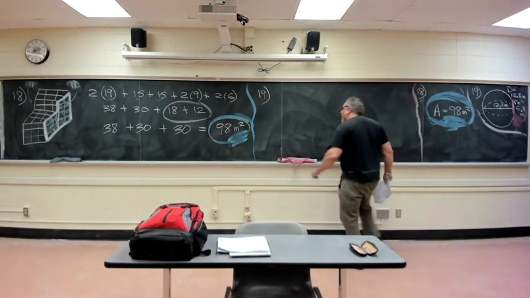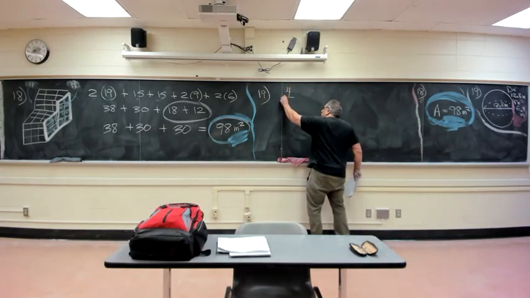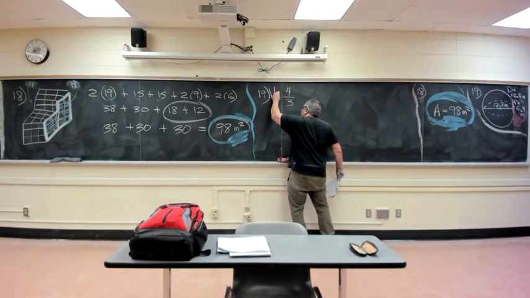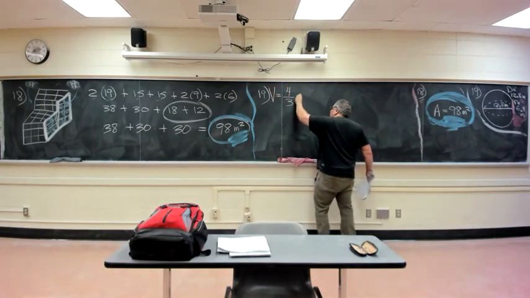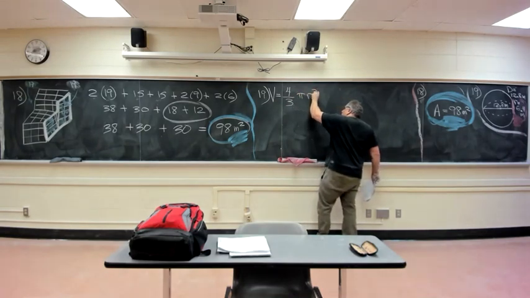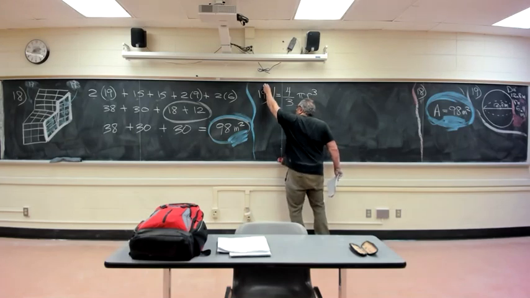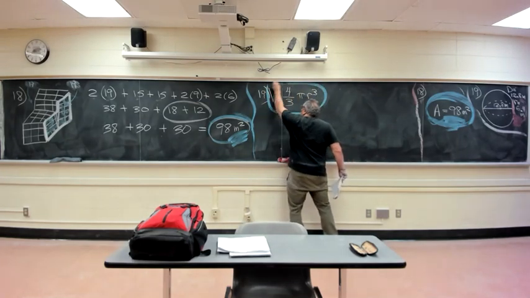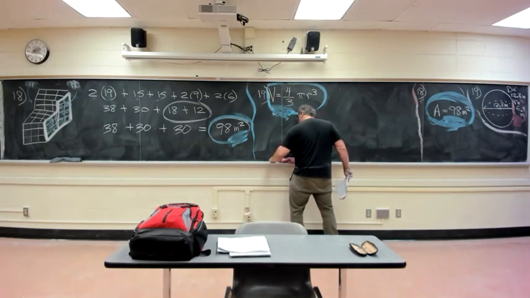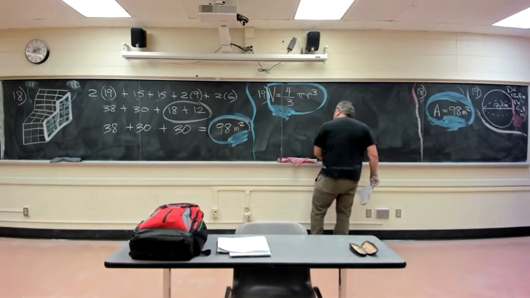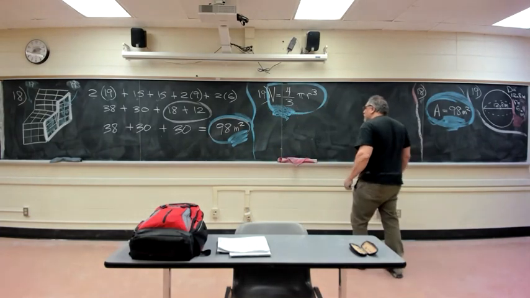The volume of a sphere is 4/3 pi r cubed.